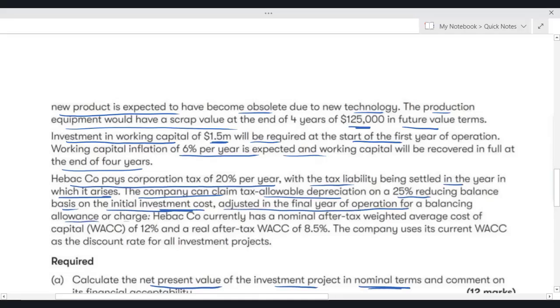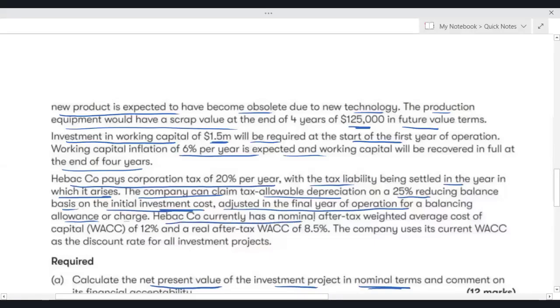Logically, in the last year, you just calculate the balancing figure. If there's a loss on disposal, in taxation terminology we say balancing allowance, and if there's a gain on disposal, we say balancing charge.